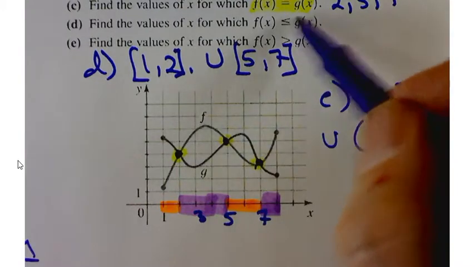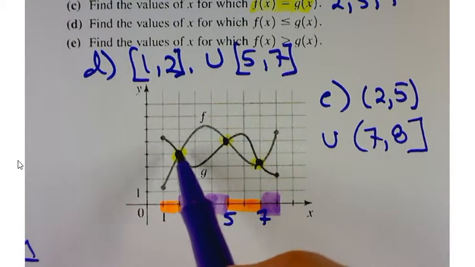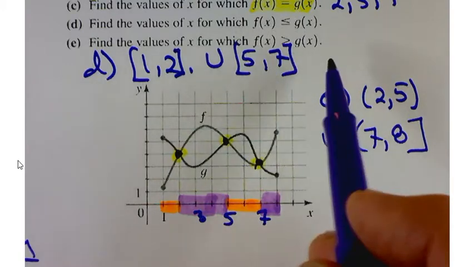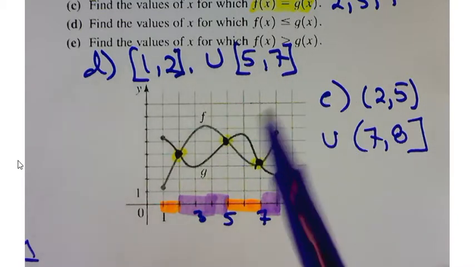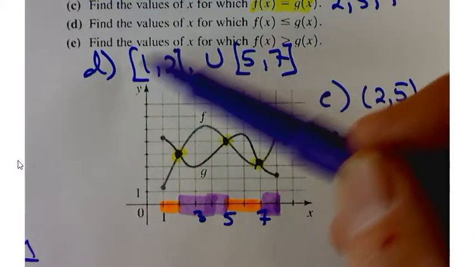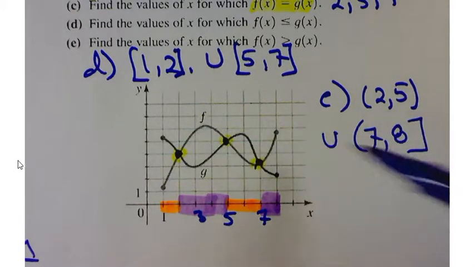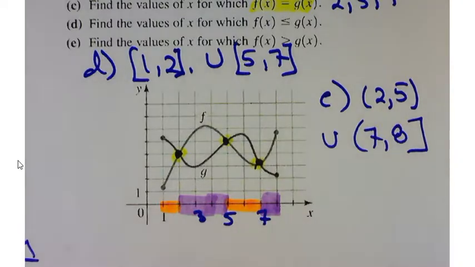If this was a less than, then f at, say, 2 wouldn't be less than g of 2. They'd be equal, so I couldn't include that. It wouldn't make that true. So that's why we can include it here with the brackets, but we exclude it here with the parentheses. Anything else on problem 10?